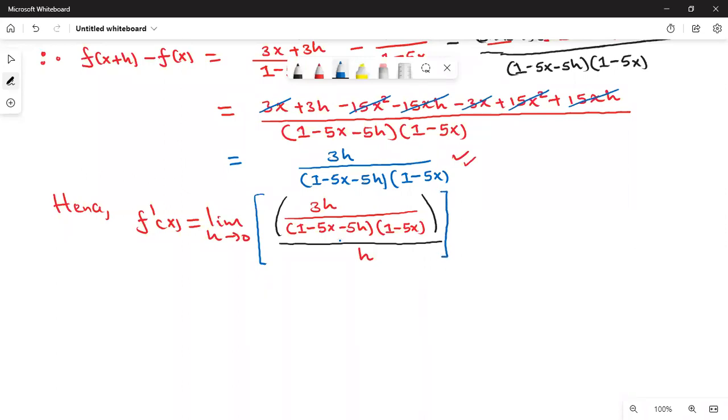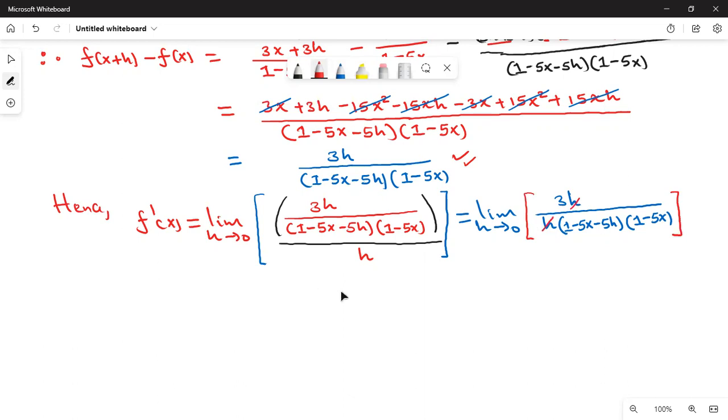So you see, this can also be written as the limit as h approaches 0 of 3h divided by h times (1 minus 5x minus 5h) times another (1 minus 5x). And this is in brackets. So you see now the h will cancel with this h.